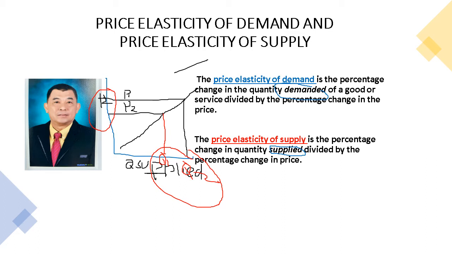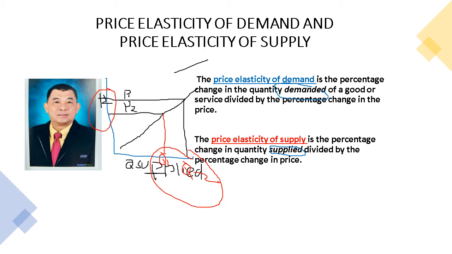Both the demand and supply curves show the relationship between price and the number of units demanded or the number of units supplied. Elasticities can be usefully divided into three broad categories.